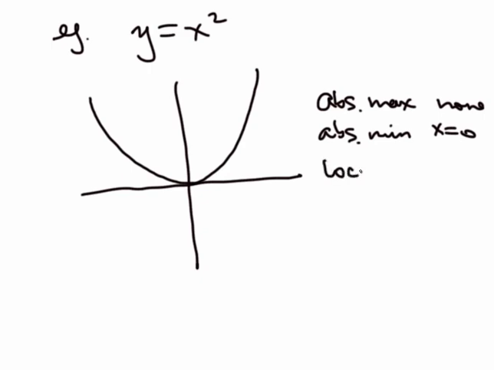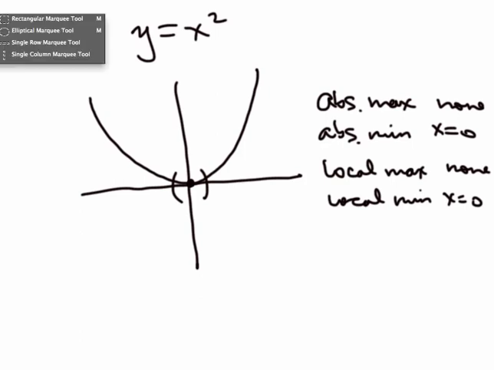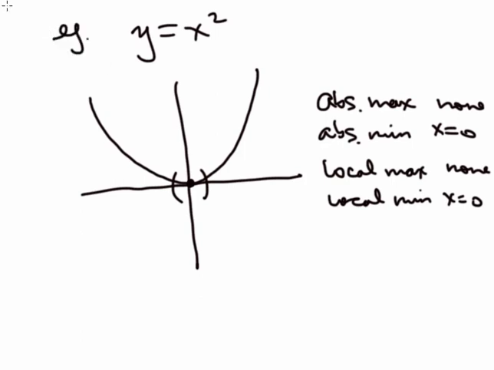And so then if we're talking about a local max, it turns out there's none of those either. But we do have a local min here. There's a local min at x equals 0, and that's because, again, if we take a neighborhood around this, this is the smallest point in there. So hopefully that was what you put down as you were looking at this.